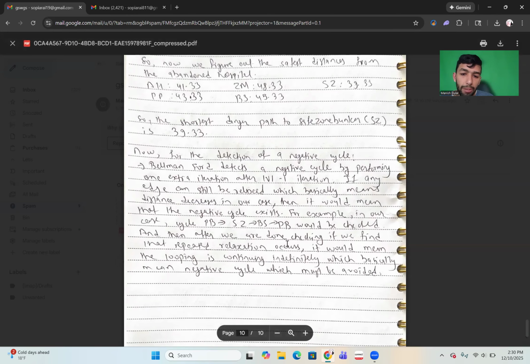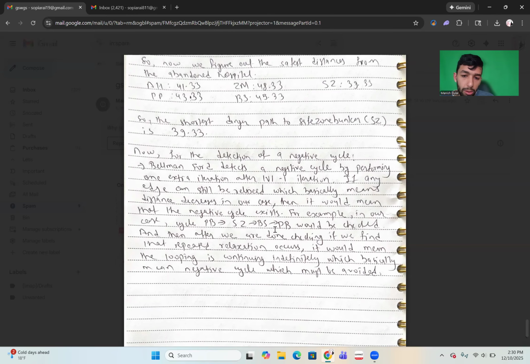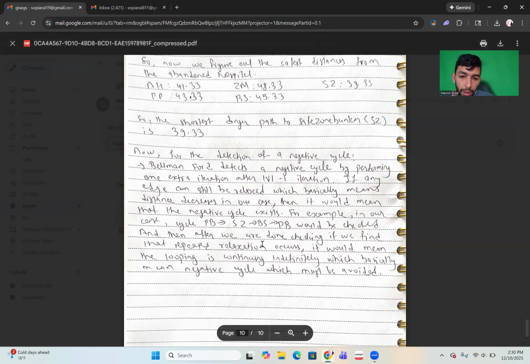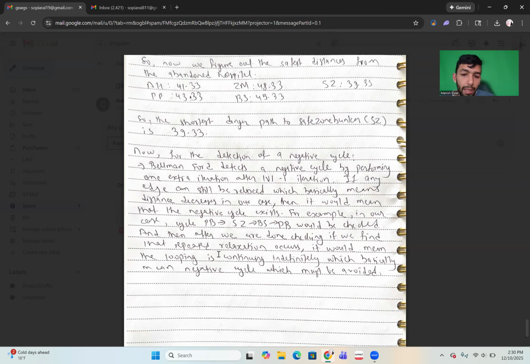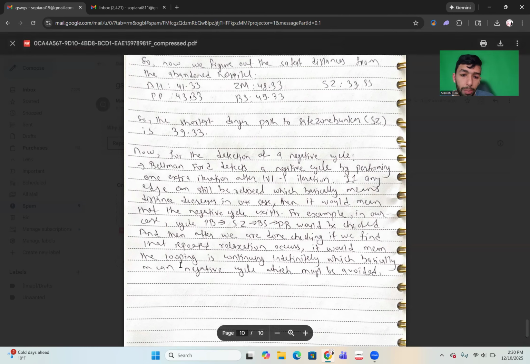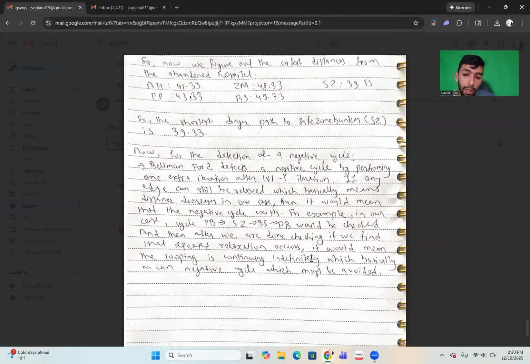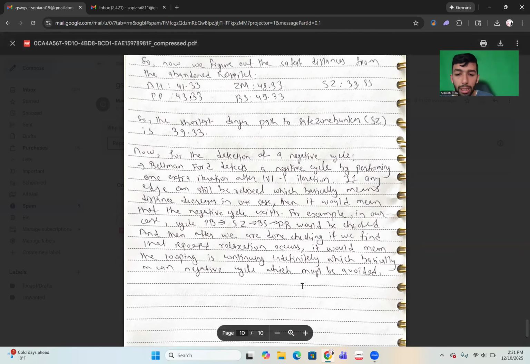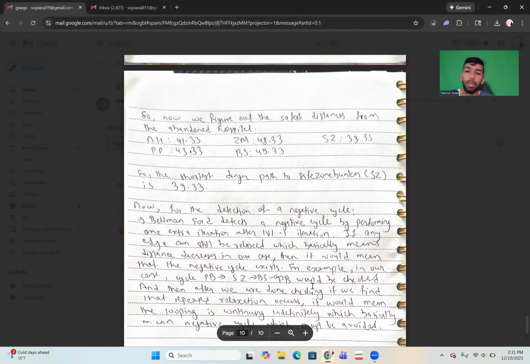We checked PB to SZ to BS to PB, and after we are done checking, if we find that repeated relaxation occurs, it would mean the looping is continuing indefinitely, non-stop, which basically means the negative cycle must be avoided, and that's what is in the question.